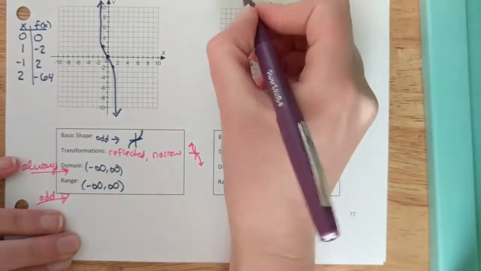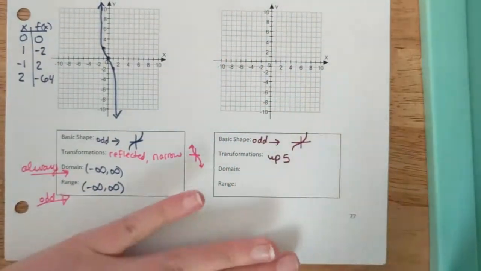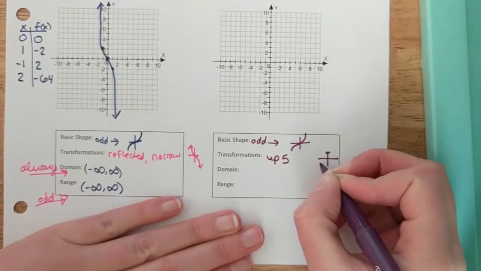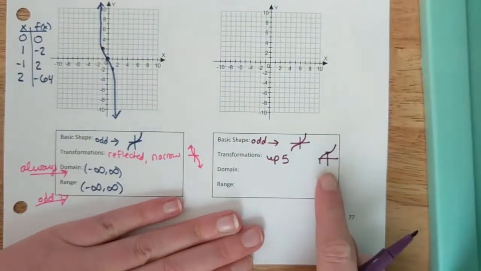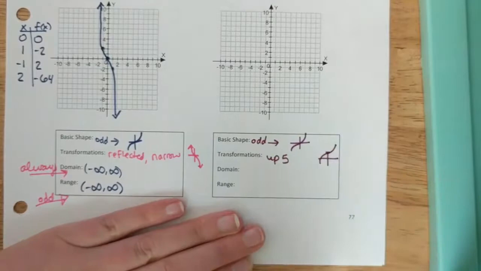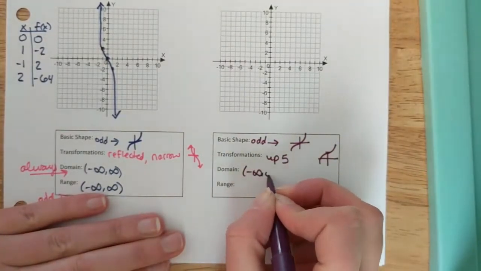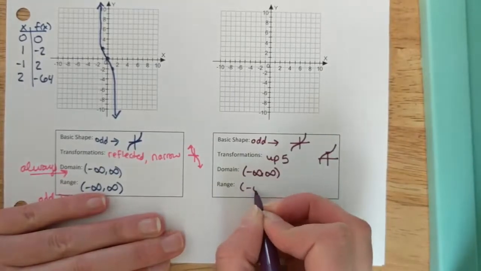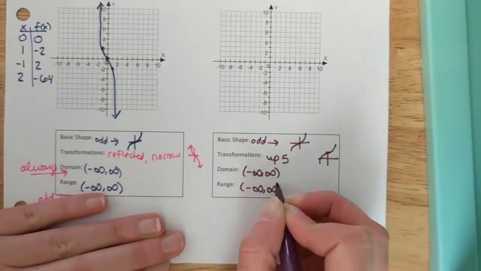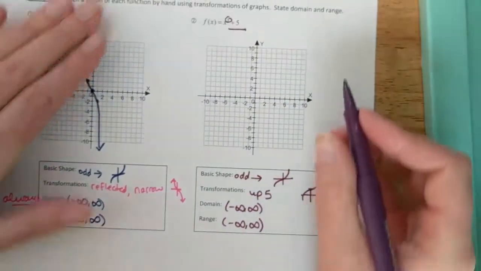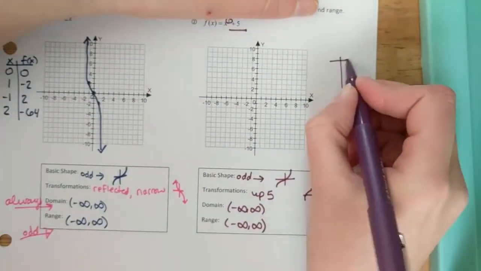It's that k value plus 5, so the transformation is up 5. So just a quick sketch over here. If I shift this up 5, now my graph should have that shape. The same shape right here, but just pushed up 5. Okay? And the domain and range are freebies because you have an odd power function. You're going to have tails up, tails down, both directions, so you're going to get negative infinity to infinity for both of those. Let's go back and get a few ordered pairs, and then we can have our graph.